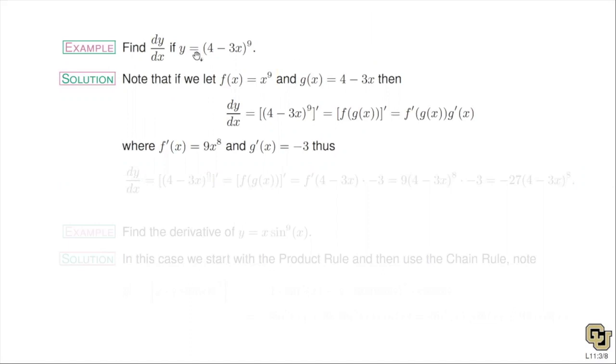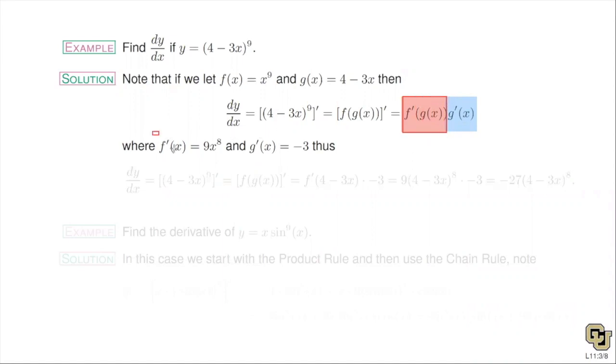Now let me calculate what f prime of g of x looks like, and exactly what g prime of x looks like, and put those pieces together. For f prime of g of x, first find f prime and then plug in the g of x.